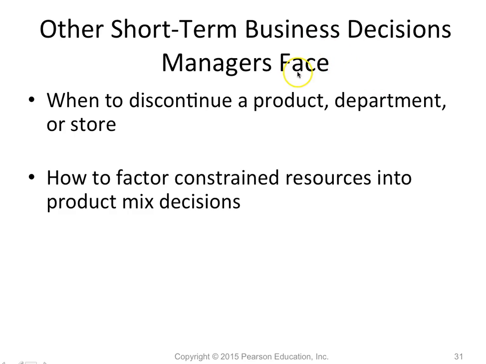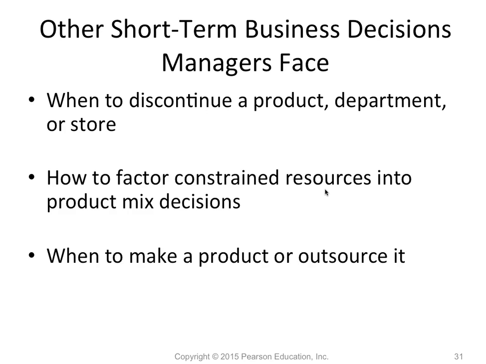The other short-term business decisions managers face are when to discontinue a product, department, or store, and how to factor constrained resources into product mix decisions. Resources are always constrained, so how do we put them into the product mix decisions? When do we have to make a product, or when do we have to outsource it?